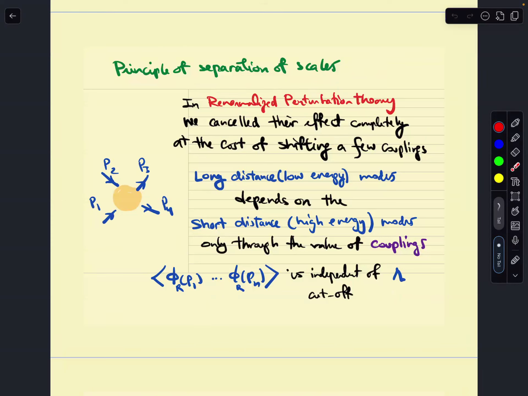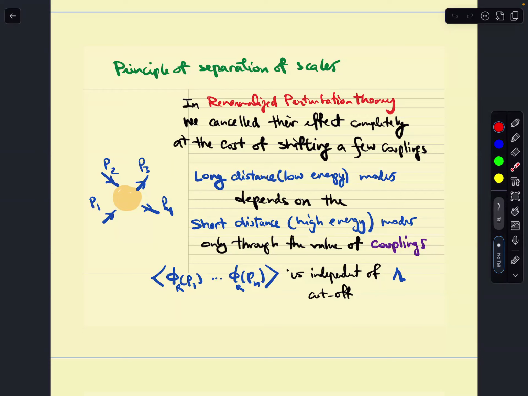What we did, in essence, in renormalized perturbation theory, was that we canceled the effect or contribution of arbitrarily short distance couplings at the cost of shifting the couplings and the overall value renormalization of the field, right?